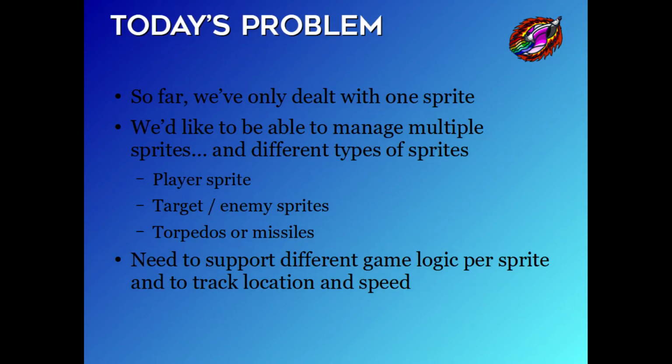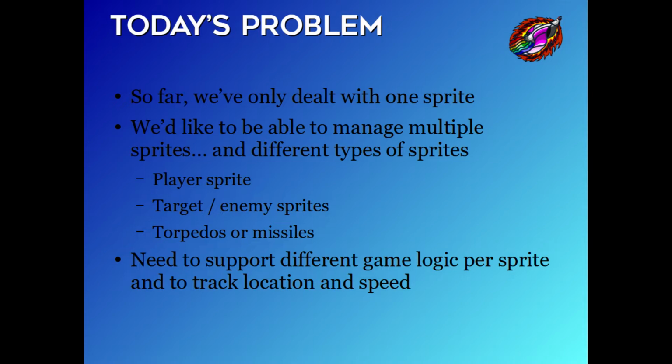So the problem for today, if you recall with the previous video, we really only dealt with one sprite up to this point, just the player's ship. What we'd like to do is to be able to manage multiple sprites of different types. So with a player sprite, you might have a target or an enemy vessel sprite, and then torpedoes or missiles or whatever.